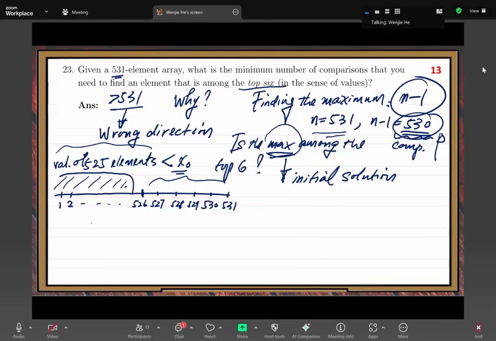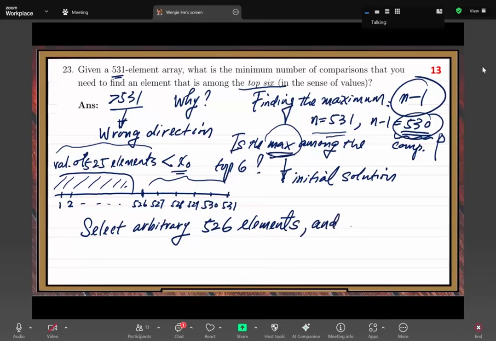We select an arbitrary 526 elements and find the largest one in the set.